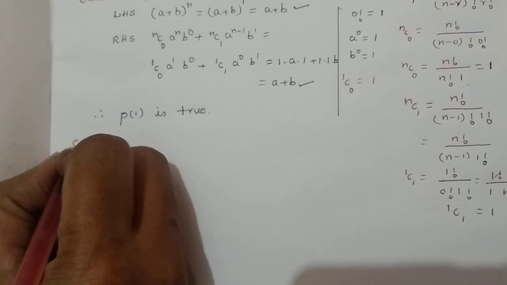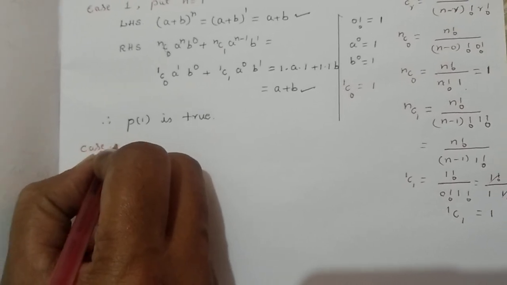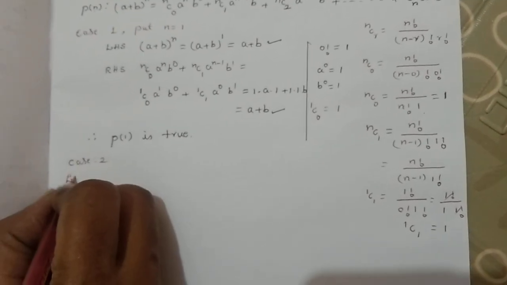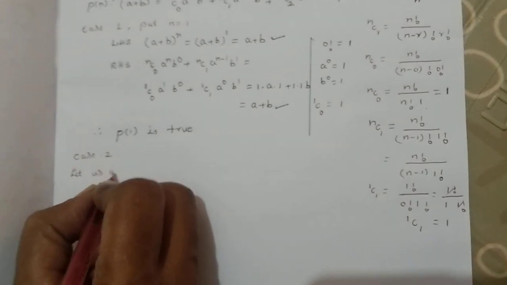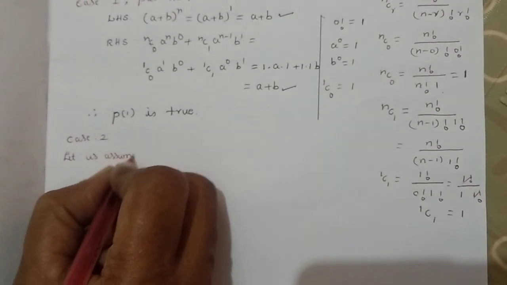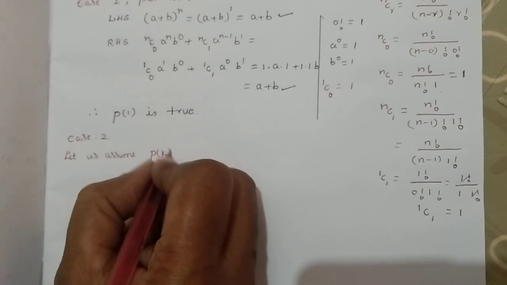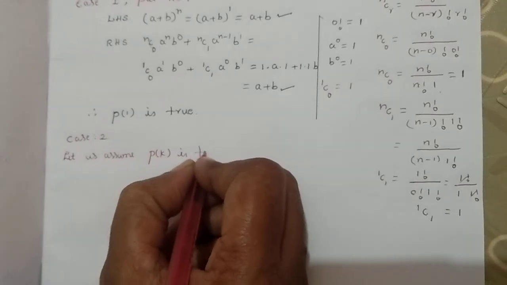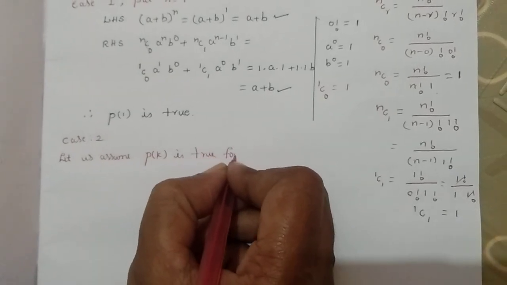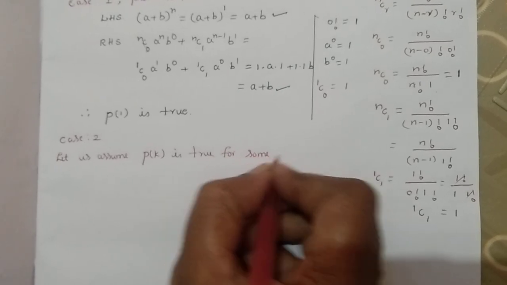Next, case 2. Here, in the first case, we had taken n equals 1 directly, but in case 2 we have to assume. So let us assume P(k) is true for some k.